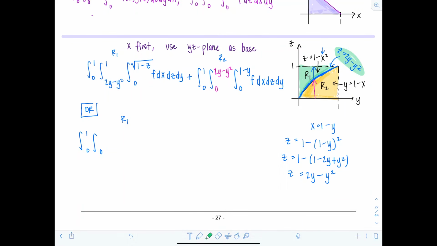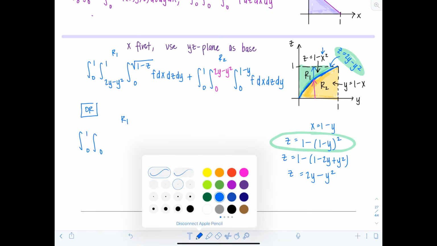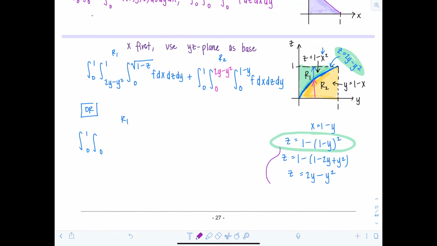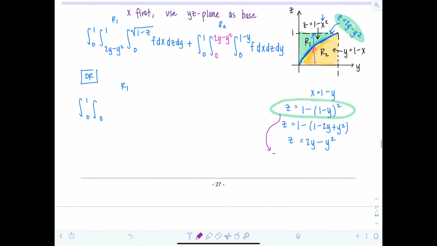But I need to solve for y. My goodness, you might think it's a nightmare, but no, go back to right here. So I could solve for y in terms of z pretty easily. So I'm going to have z minus 1 equals negative 1 minus y squared. And then I'm going to have 1 minus y equals plus or minus square root of 1 minus z.